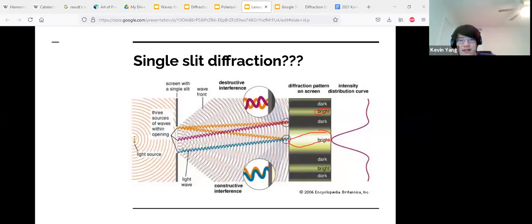And up here, we're going to have wave parts that are perfectly lining up to create these bright spots. But overall, we're going to see most of the light travel straight through. All right, are there any questions about seeing diffraction from a single slit?